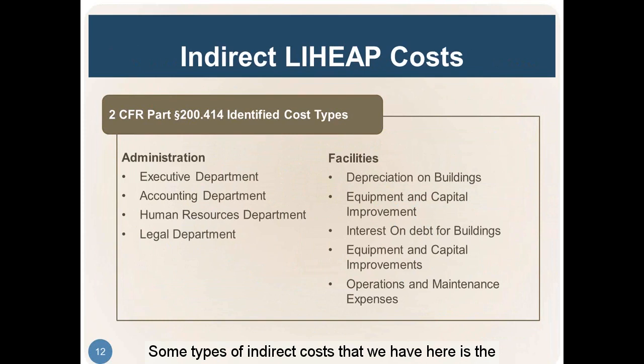Some types of indirect costs that we have here are administration, and under that could fall all the specific offices within your shop: executive, legal, HR, facilities. That can be spread out as indirect, such as the depreciation of the building, operations, things of that nature, anything where the cost cannot be directly associated to one particular cost objective.